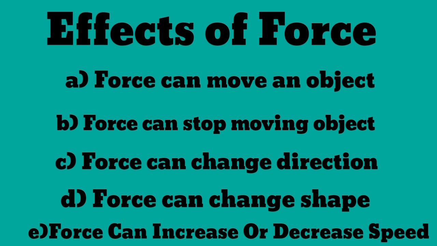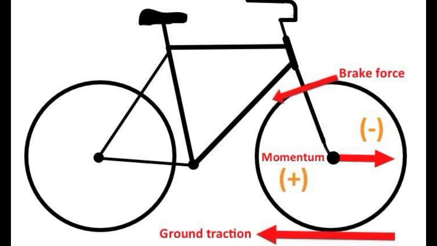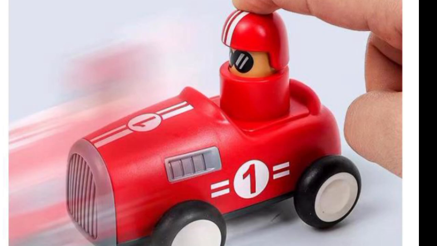Force can also increase or decrease the speed of a moving object. For example, the speed of a cycle or toy car can be increased or decreased by just applying force on it.